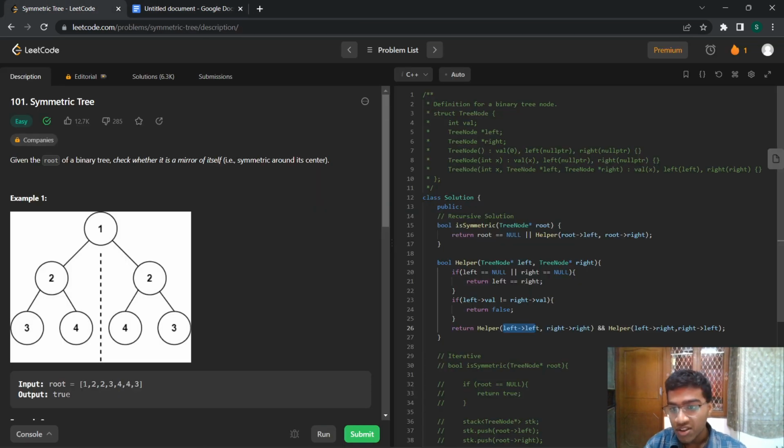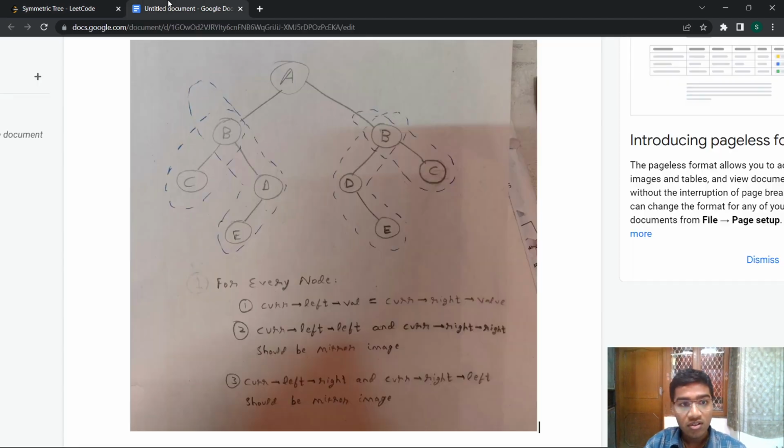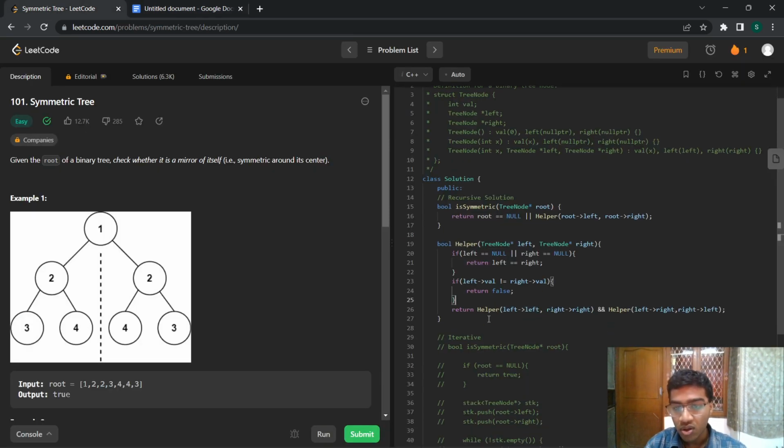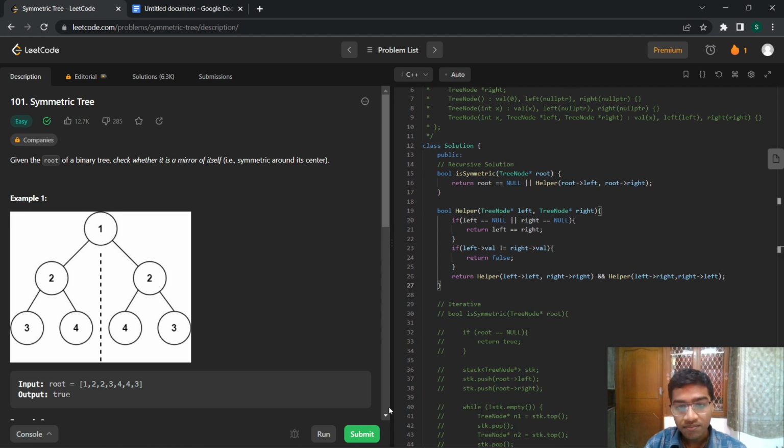Similarly, we check whether left of right is a mirror image of right of left. So basically we are comparing these now. This is all about the question, and when we run the code, it will give us the correct answer.